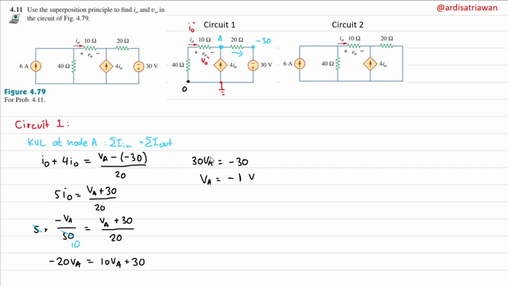So this is for VA, and when VA is minus 1 volt, we can easily calculate I0.